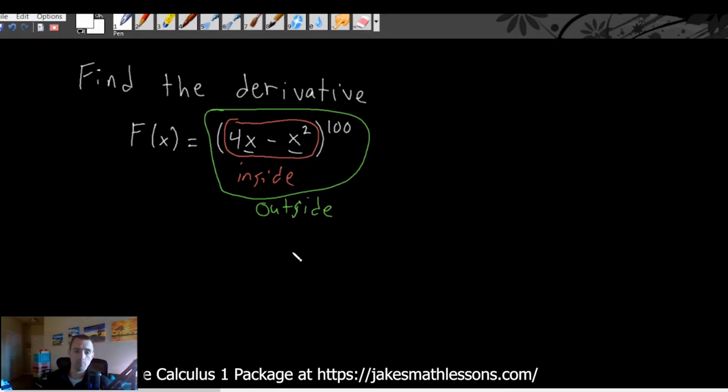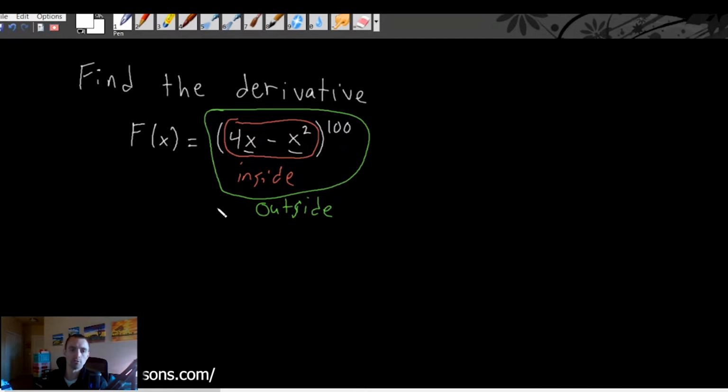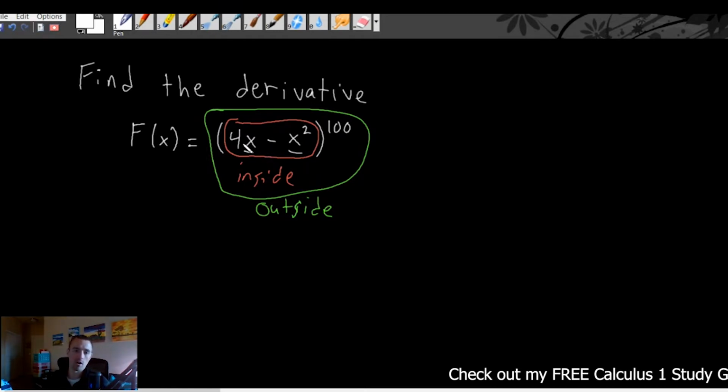Like I've been saying, the chain rule just says that in order to find the derivative of an inside function plugged into an outside function, like we have here, we're going to take the derivative of the outside function. So we're going to deal with this 100th power first. Your inside function is already figured out, that's just what's in the parentheses here.